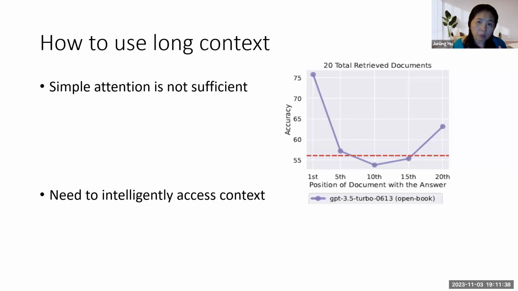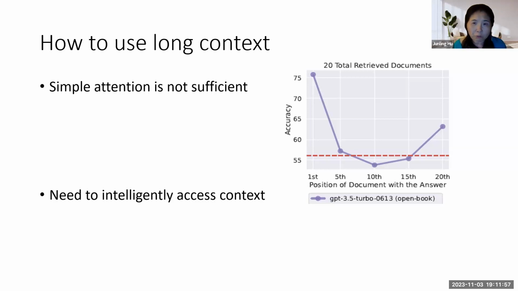When you present that as part of the context for GPT-4 to formulate the answer back, where this correct answer is located among these 20 documents actually makes a difference.